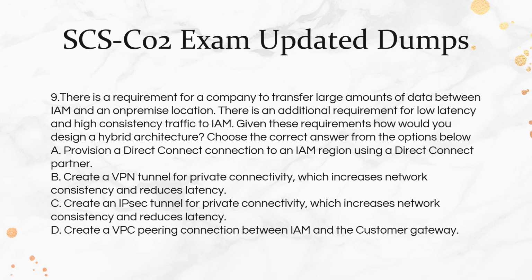B. Create a VPN tunnel for private connectivity, which increases network consistency and reduces latency. C. Create an IPsec tunnel for private connectivity, which increases network consistency and reduces latency. D. Create a VPC peering connection between AWS and the customer gateway.